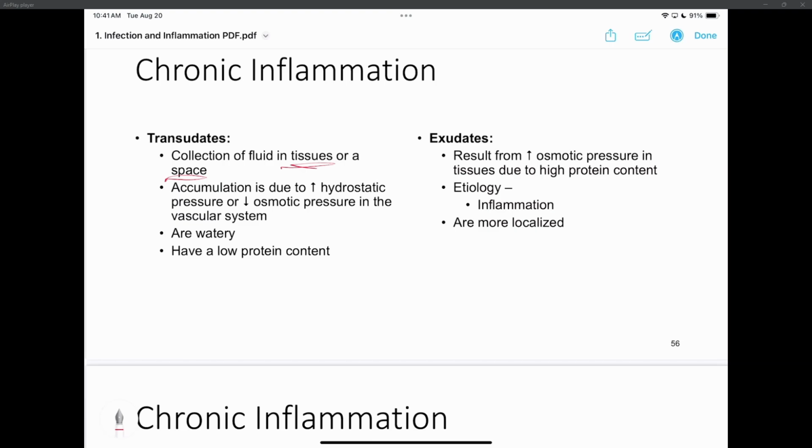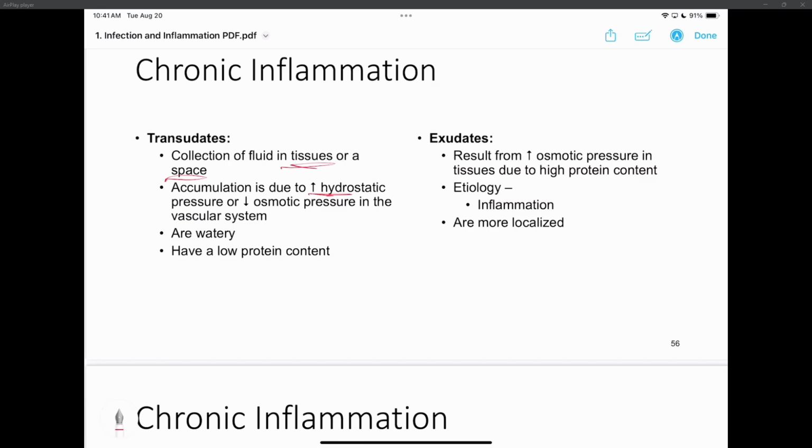Accumulation of the fluid in the third space, interstitial fluid, from increased hydrostatic pressure. Is that the push or the suck? Push. Hydrostatic is the push. Increased hydrostatic pressure, increased push of the fluid into the interstitial space, or decreased osmotic pressure, or decreased oncotic pressure.